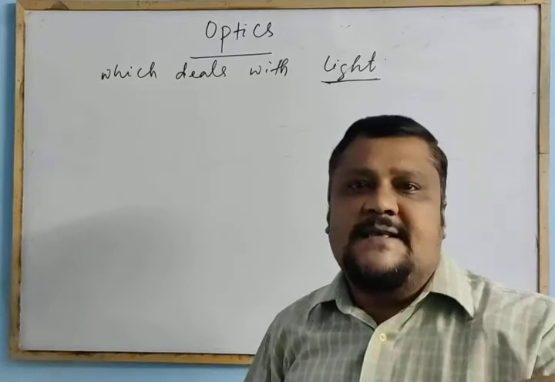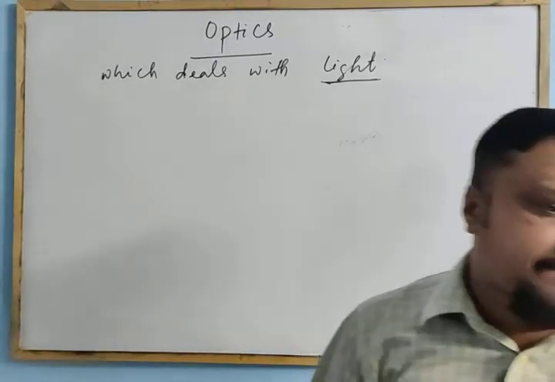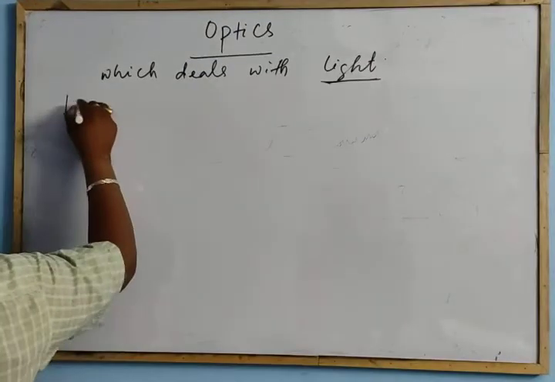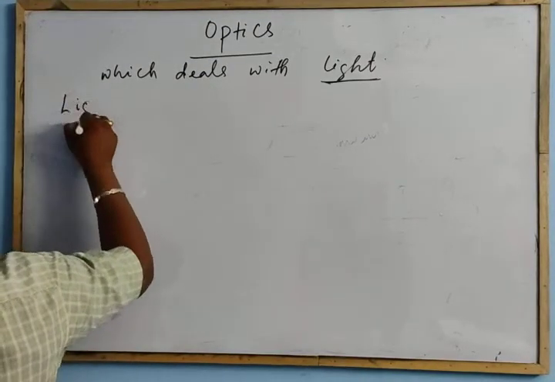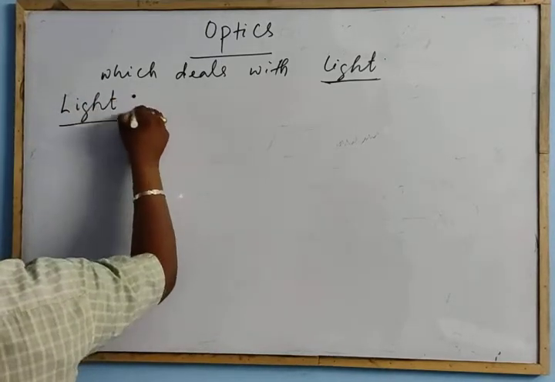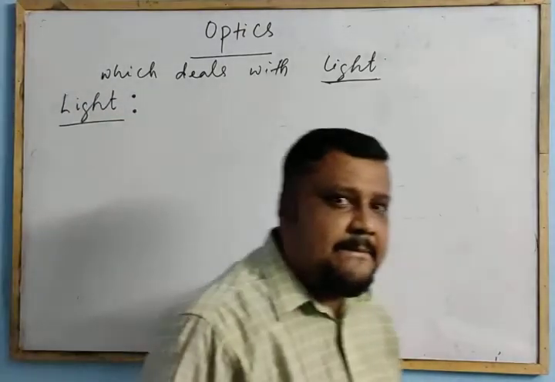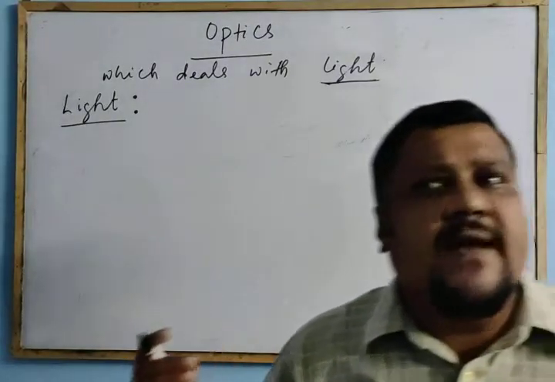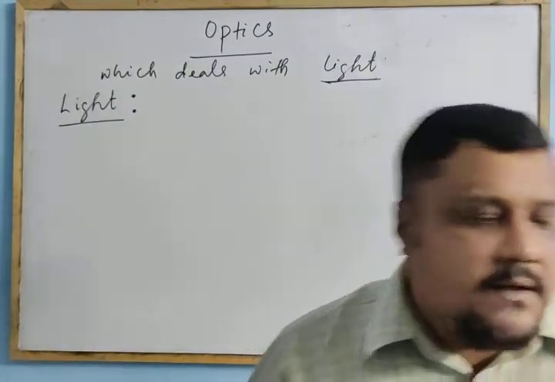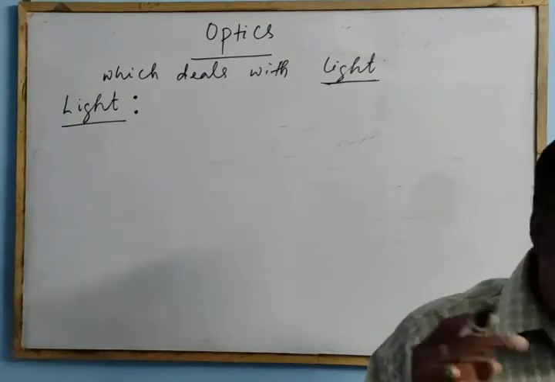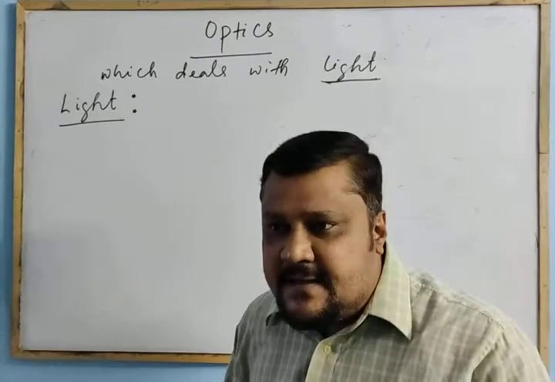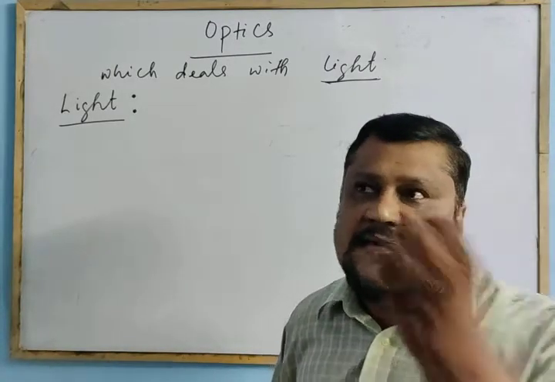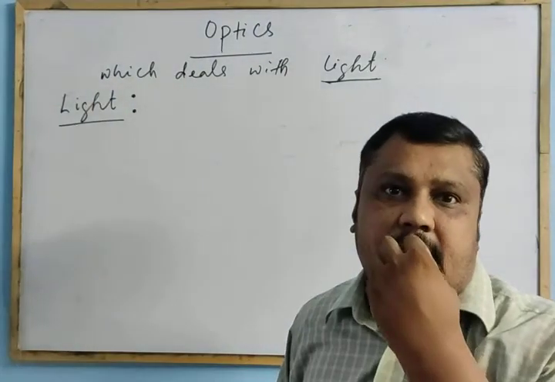Then the question is, what is light? What can you say about light? We can say light is a form of energy which produces the sensation of sight. I see an object because of light.